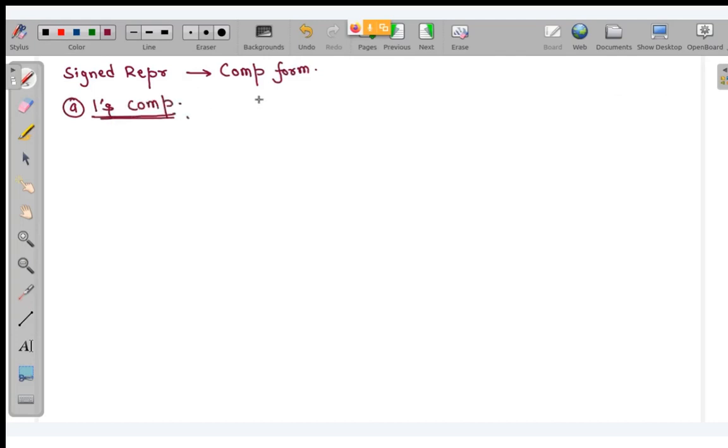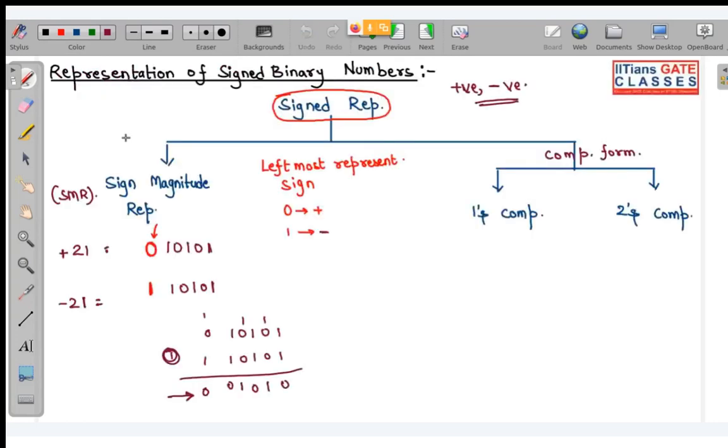Okay. So did you understand the problem over here? What was the problem? Did we understand the problem? Shubham: Sir, will you explain again, that you add plus 21 and minus 21? When you add plus 21 and minus 21, what should you get ideally? 0, sir. 0.